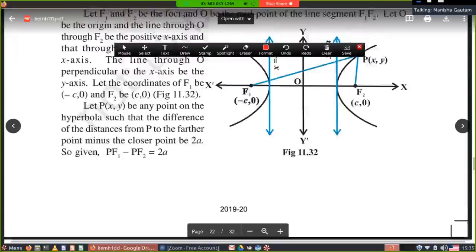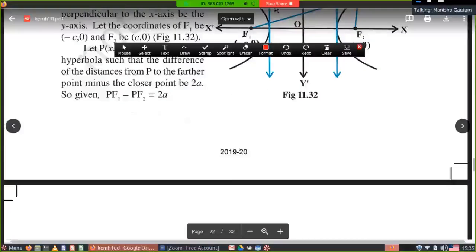Suppose here are the equations of hyperbola.